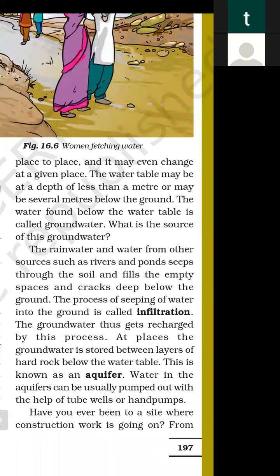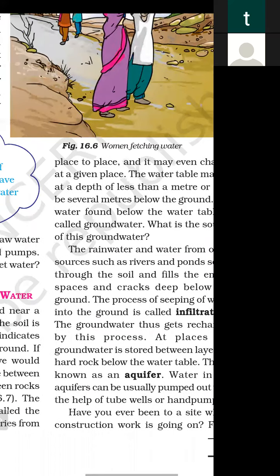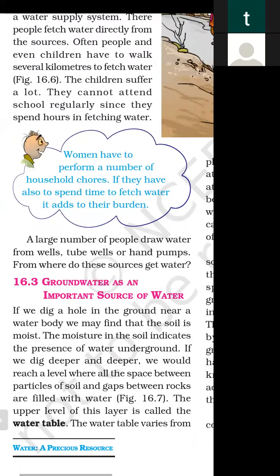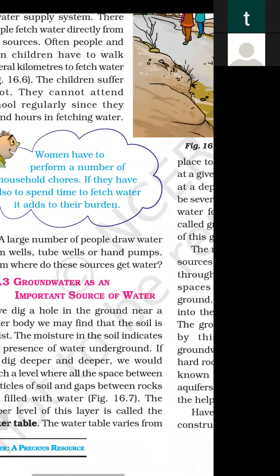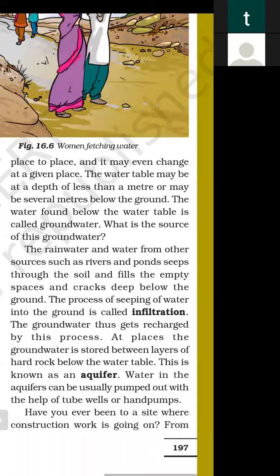When we go on digging the ground, we reach a level where we find the water table, and the water below that water table is called groundwater. So underline this: the water below the water table is called groundwater. This is your important term. The first important term is water table, the upper level of the layer. The water below the water table is called groundwater.